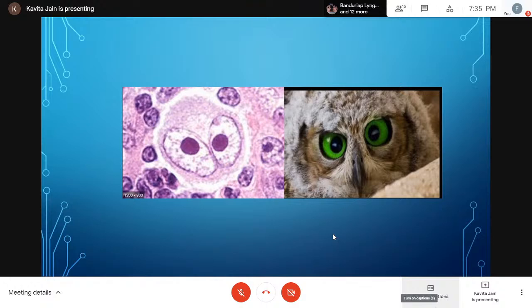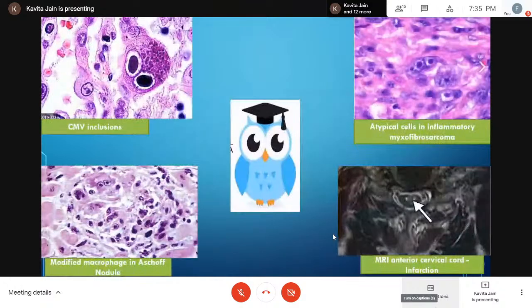And that actually happens. This owl has not only been seen associated with Hodgkin's lymphoma, it has also become a scholar, making research in fields of pathology and also in radiology, where we could find some more conditions to compare those cells. The other conditions are the intranuclear inclusions in cytomegalovirus infections.